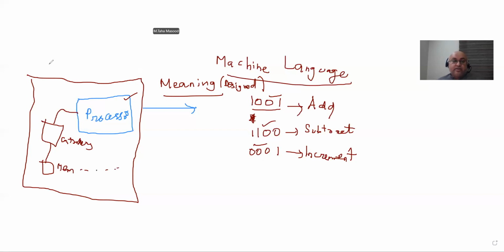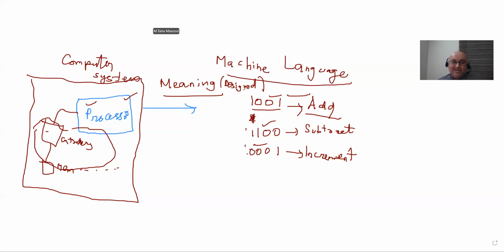Why this is important is that when you're designing the entire computer system, it is important that the other elements in the computer system talk to the processor in the language the processor understands, and they all agree that when given this instruction, the processor will do something, and that something is add, and so on, right?